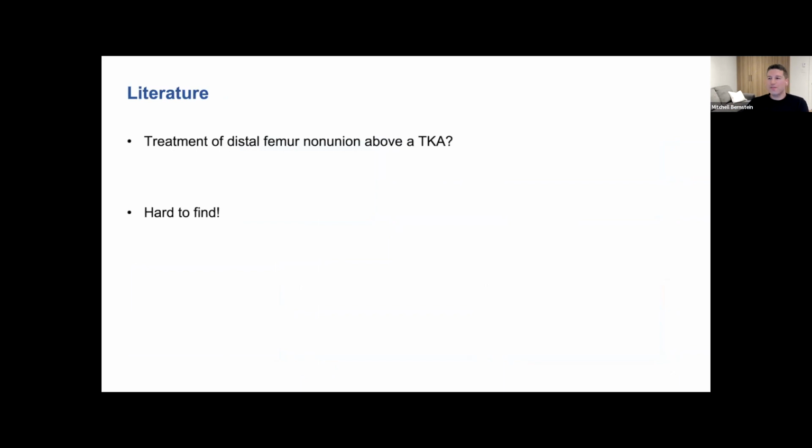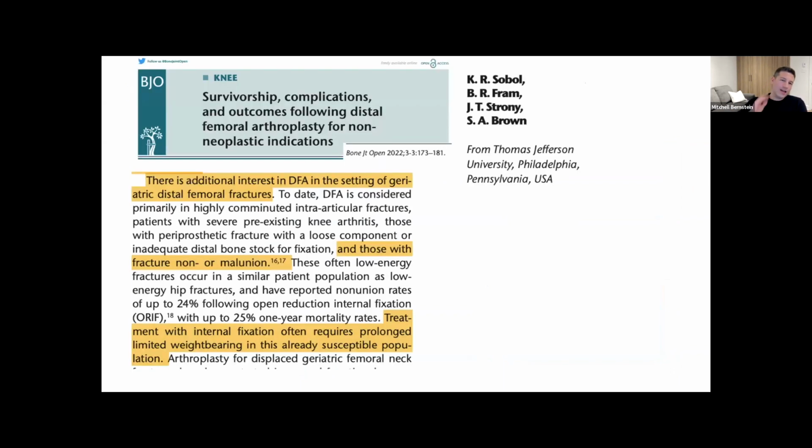I couldn't really find much literature for distal femur non-unions above a total knee. I found this article that I thought was relevant because they looked at distal femur arthroplasty for basically non-oncology indications.